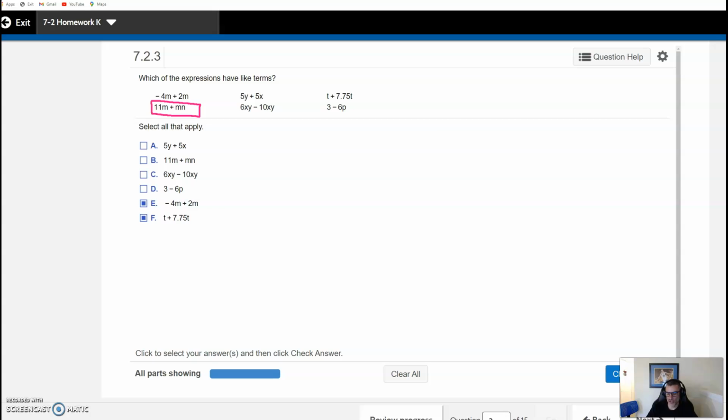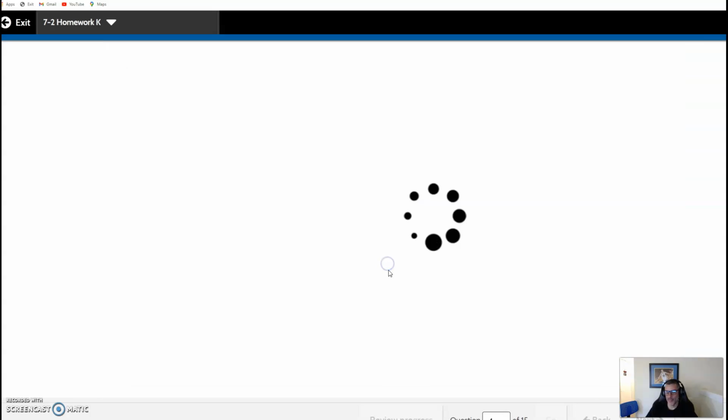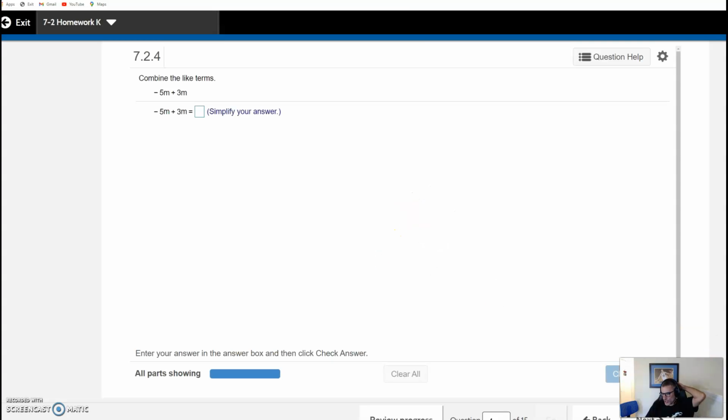All right, why do we want to know about if expressions have like terms? Because if they do have like terms, we can combine them. So look at this question right here. It says negative 5m plus 3m. So the first thing we notice here is they tell us that we have like terms.